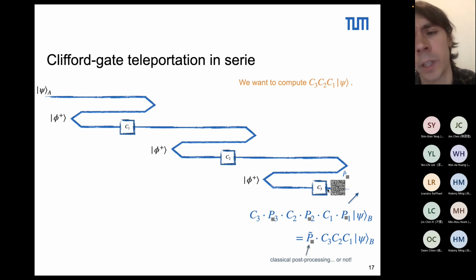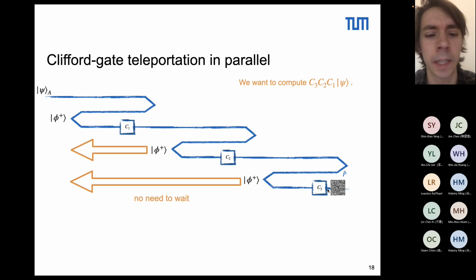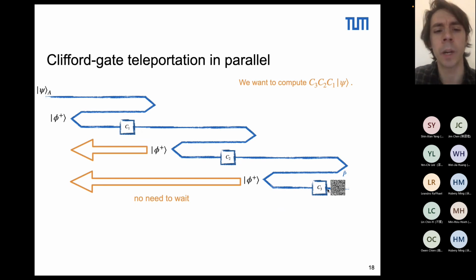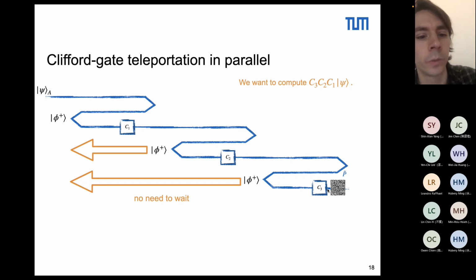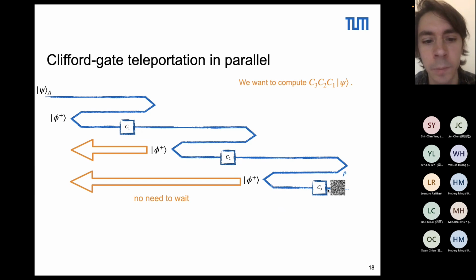Now this seems like a very complicated way to just do a computation C1, C2, C3 on a qubit. But the power of this is that instead of doing it in series, we can do it all in parallel, because this circuit is essentially a parallel circuit. So if we don't wait and we do all of the computation at the same time, then we can compute this state.